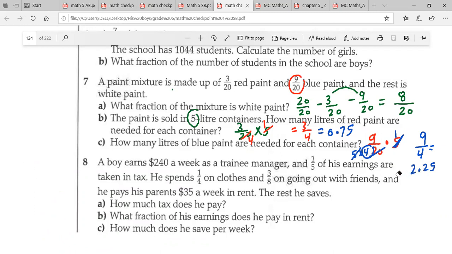That is why I change like this. We have a new lesson, inshallah. So what's the right answer, 0.75 or 2.25? Both of them are correct. 9 over 4 as a fraction and 2.25 are equivalent, equal.